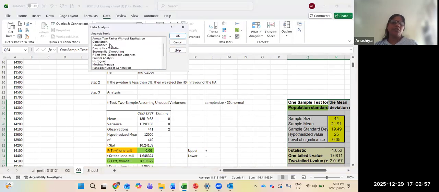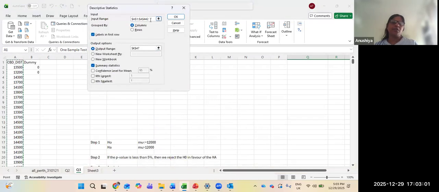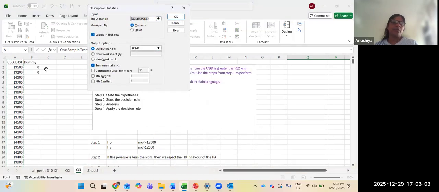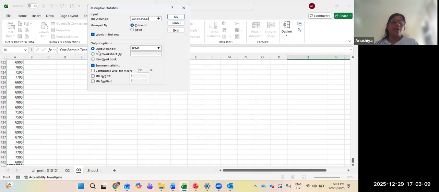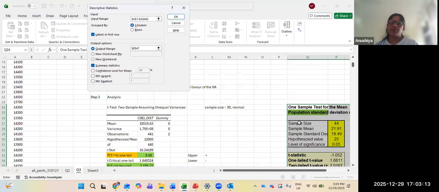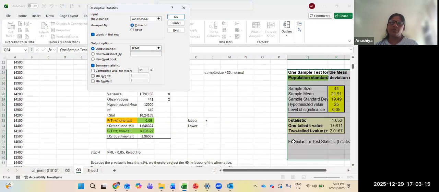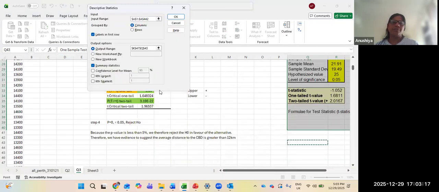Again, you go to Data, Descriptive Statistics, and then the input range, and the output. My output will be here, with the summary statistics.